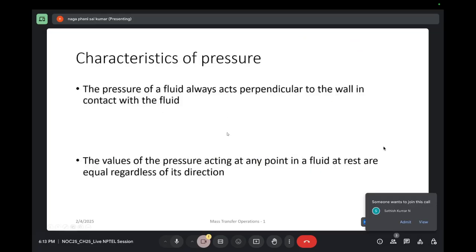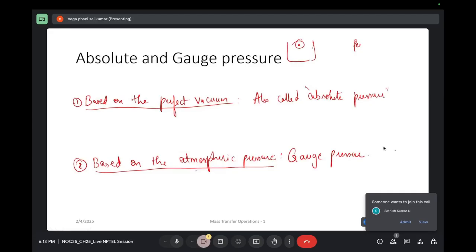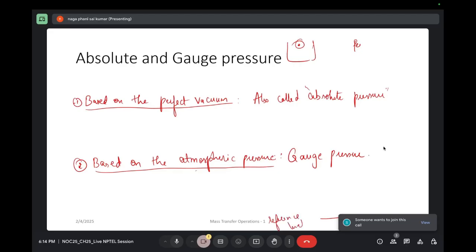So let's take an example. Let's say this is a reference level, or you can also call it absolute zero pressure, or perfect vacuum.